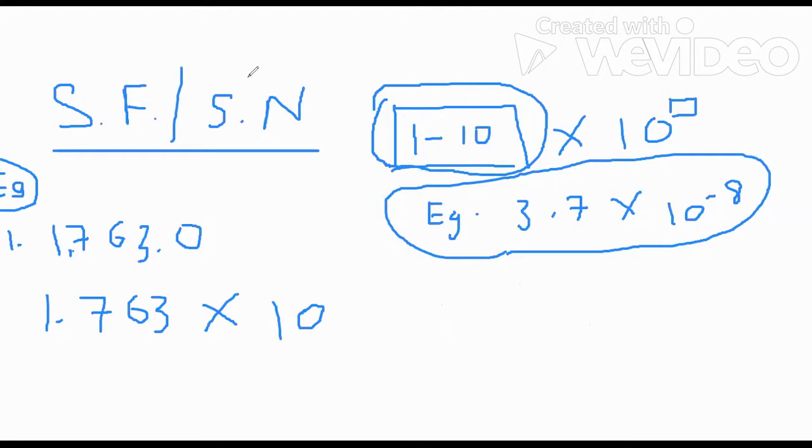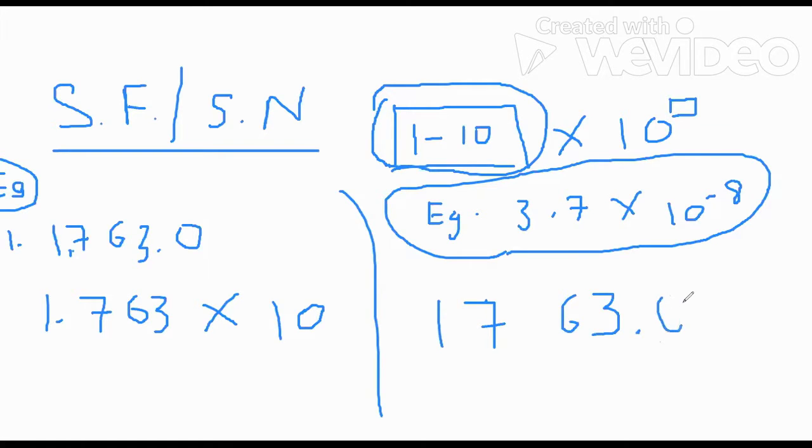This is a number that was given. Let me write it over again. There's no point in it: 1,763. Think about it as money. That's 1,763.